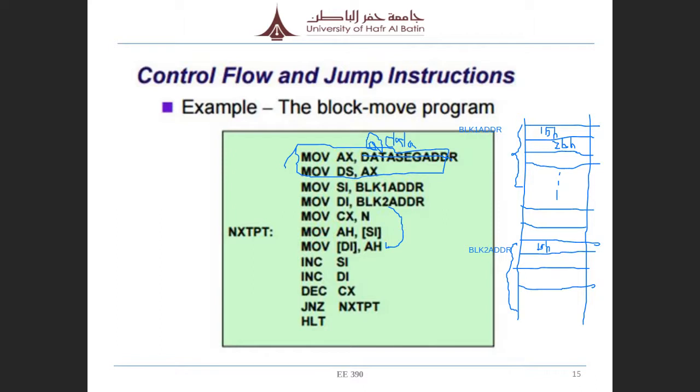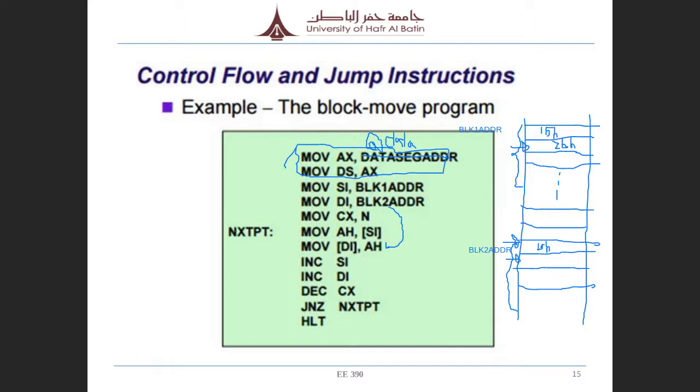Now we say increment SI, that means SI has the offset address of the second data. And DI was holding the offset address of the first memory location where we will move. Now we increment DI, that means it will hold the second memory location.